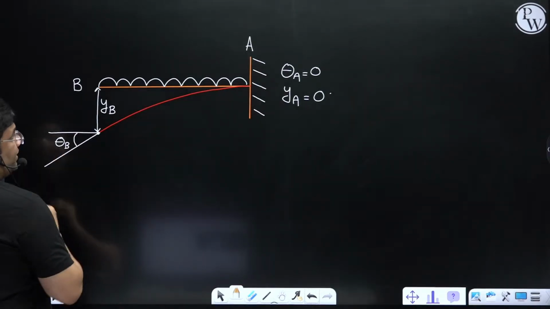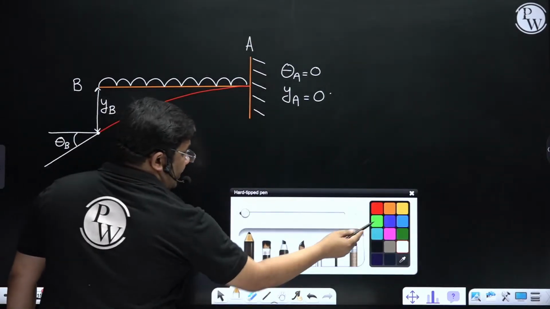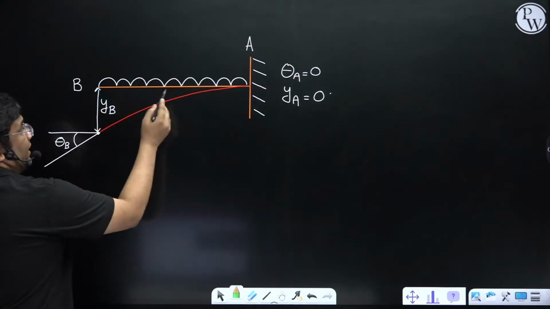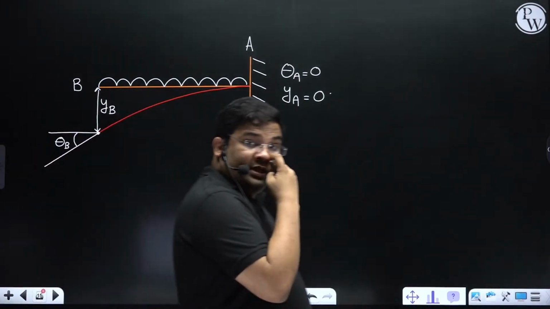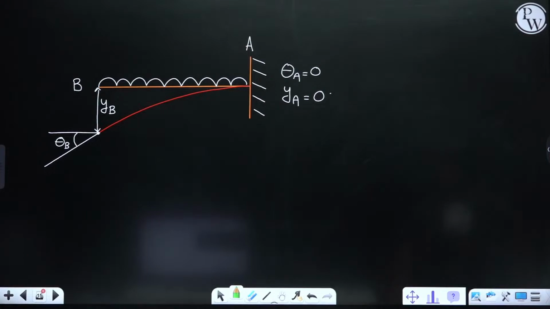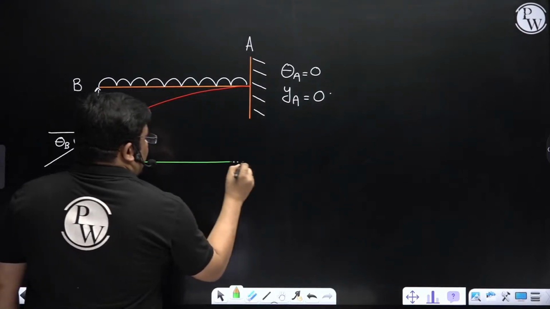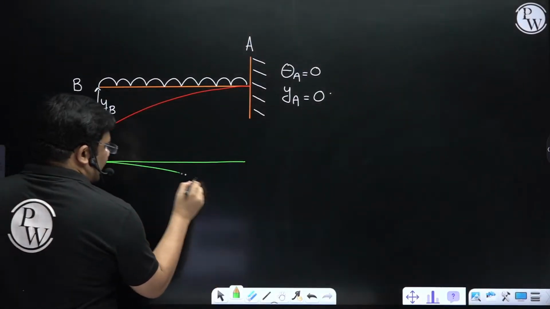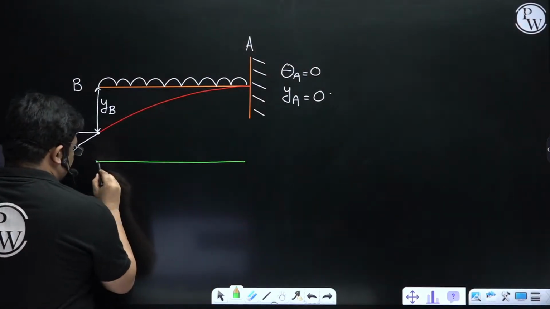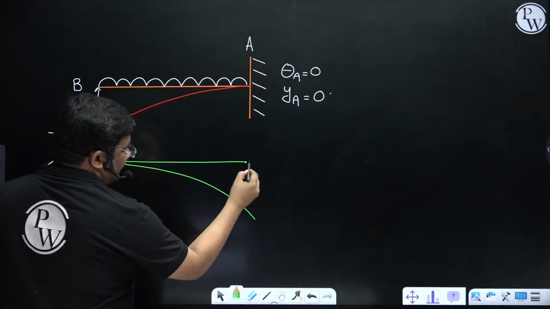Now first I have to draw the bending moment diagram. If you remember, here the load is UDL, which means constant. If load is constant, shear force will be linear, and bending moment will be parabolic, right? So the bending moment diagram is something like this.